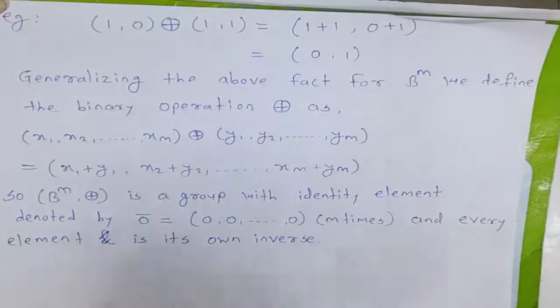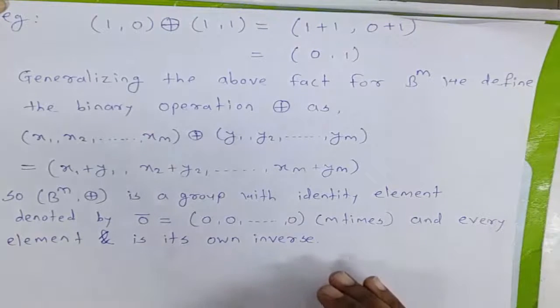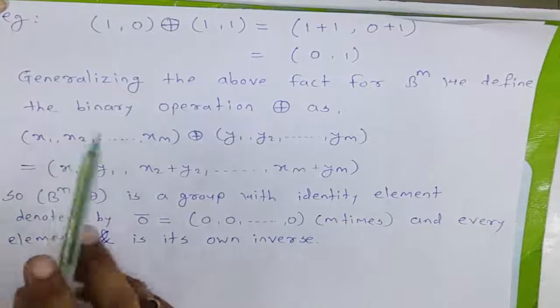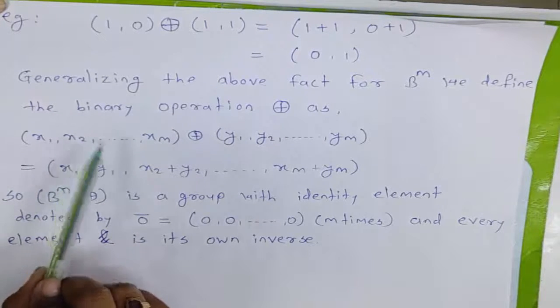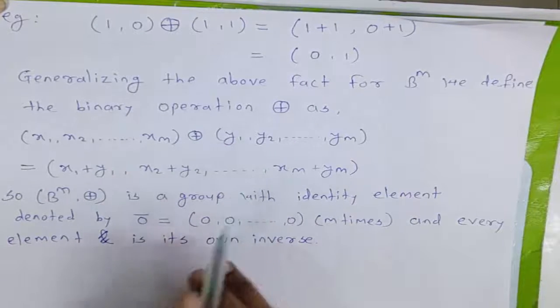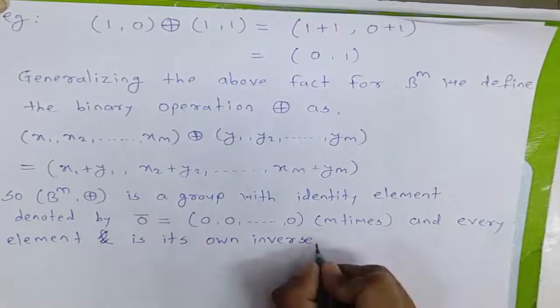So every element is inverse of itself. Okay, that is x1 is inverse of itself, x2 is inverse of itself, inverse of y1 is y1 itself.